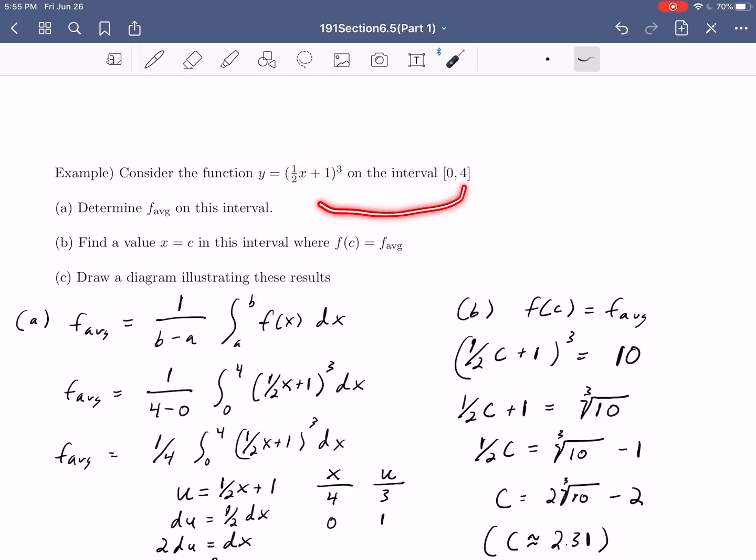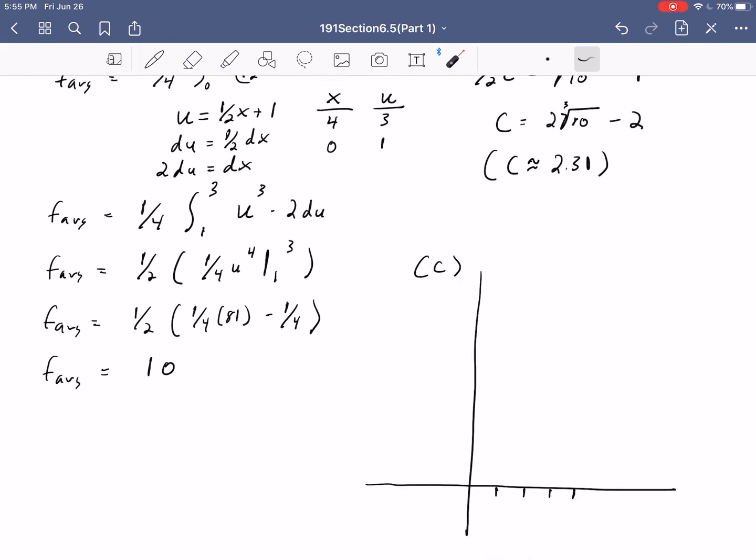If I plug 4 into that, I'm getting 2 plus 1, which is 3, and then cubed is 27. So maybe I'll go by 5s. So there's 5, 10, 15, 20, 25, 30, and 1, 2, 3, 4.